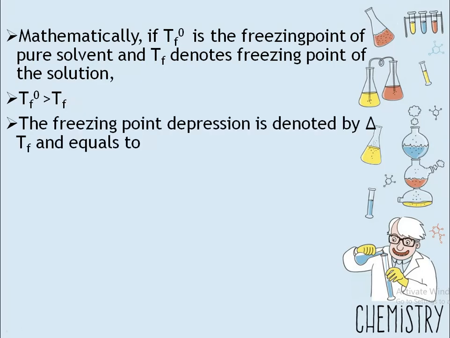The freezing point depression is denoted by delta Tf, and we can write delta Tf is equal to Tf naught minus Tf, meaning depression in freezing point is equal to the freezing point of the pure solvent minus the freezing point of the solution.